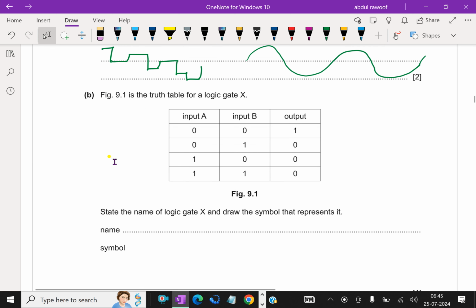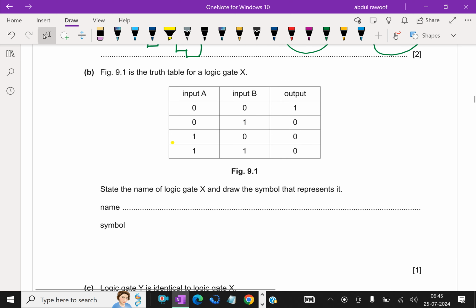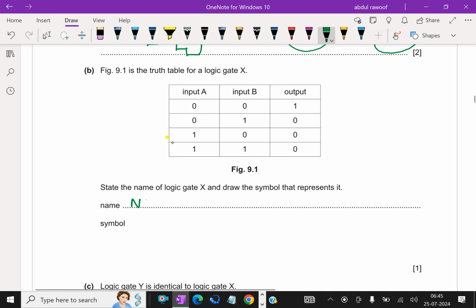Now next question. The figure is a truth table for a logic gate X. So what type of gate is it? It is a NOR gate. Name: NOR gate.